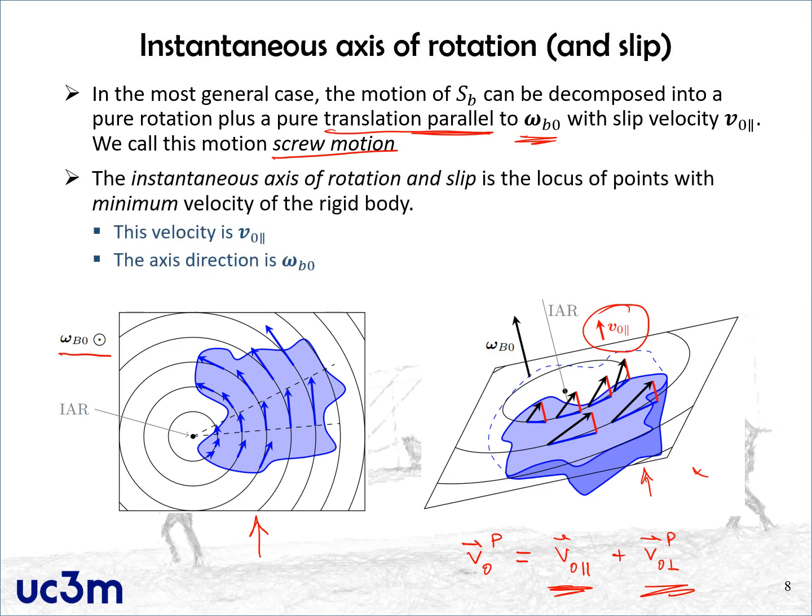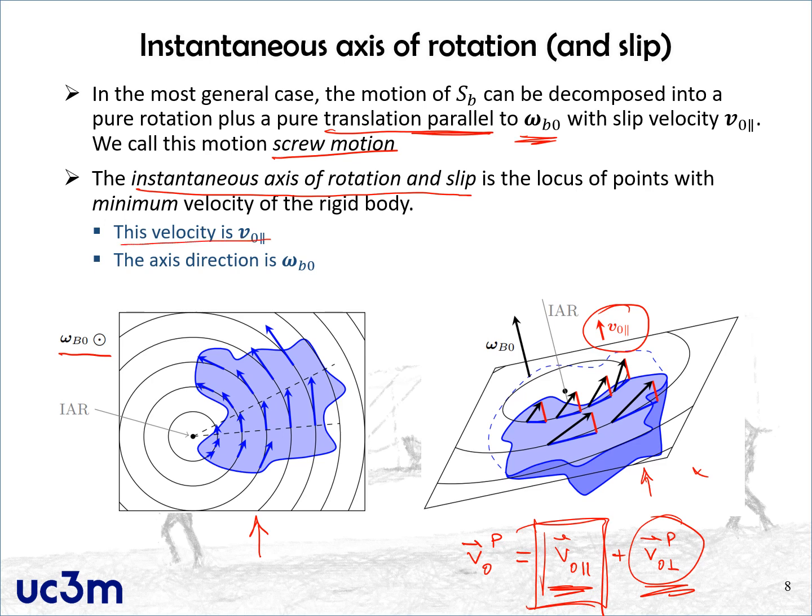Whenever we have this combined motion, the screw motion, the axis is called the instantaneous axis of rotation and slip, and it is defined as the locus of points which have the minimum velocity of the rigid body. Observe that since this part of the velocity is universal for all the points of the rigid body at that instant, and only this one depends on the particular point, the minimum velocity is precisely the parallel velocity.